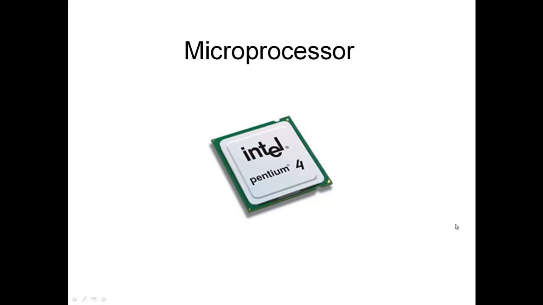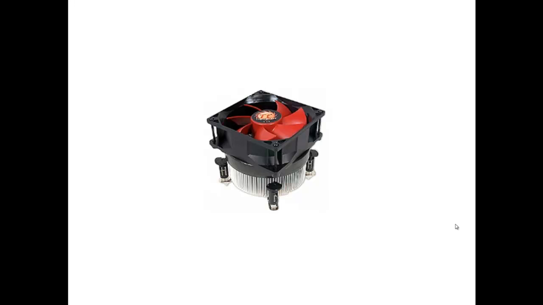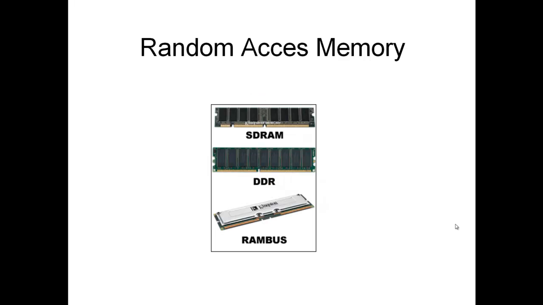CPU. This is the heart of a computer. Modern chips get very hot and need large cooling fans right on top of them, like this. RAM, random access memory device, allows data items to be read and written.